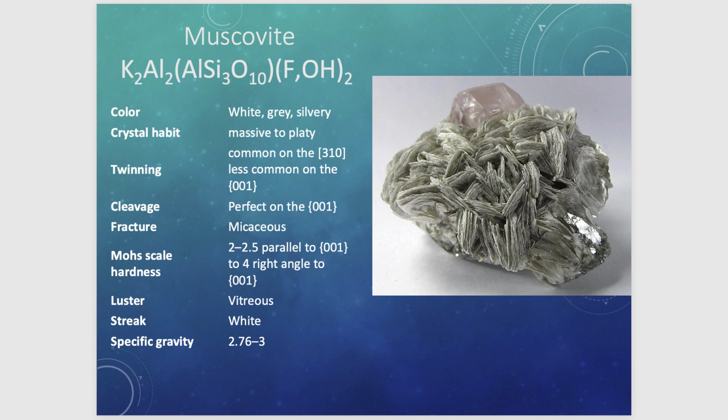So tetrahedra and octahedra packages form these layers, and between the layers you will find the large cations like potassium in the structure of the muscovites.